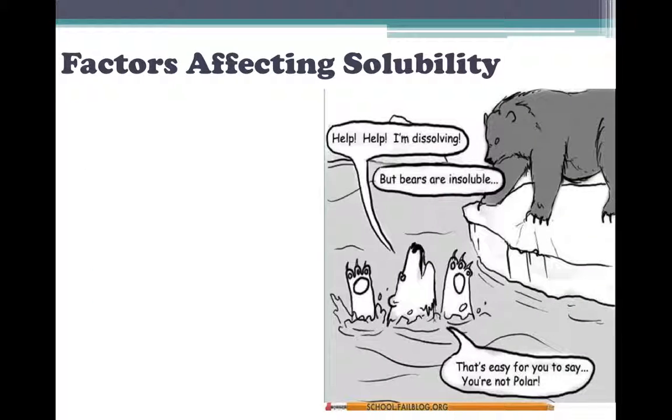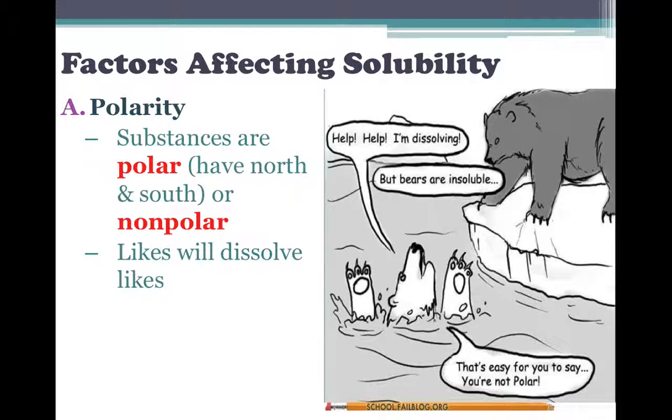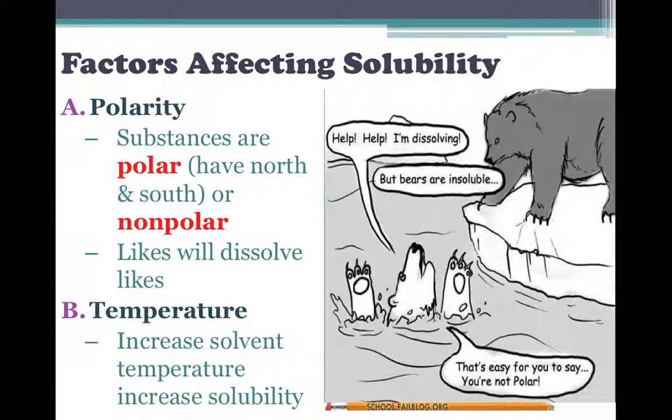Okay. Now, there are some factors that affect your solubility, and here they are, the two right here. The first one is called polarity, and a good way to view that, again, like the north and south poles that we have, but basically these particles are sticking together. So polarity is when one object will stick to another.